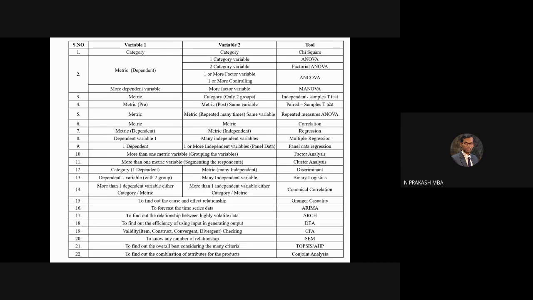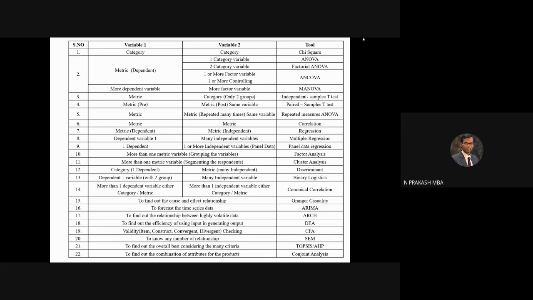There we find out whether the opinion about the satisfaction level differs between male and female. Here we have only two groups, whether male opinion differs from female or not. That will be performed through an independent sample t-test.